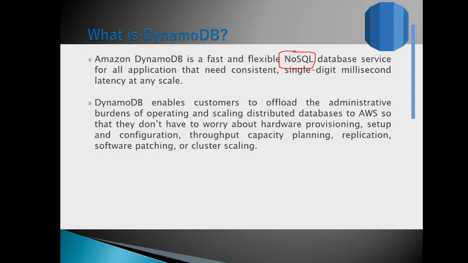DynamoDB enables customers to offload the administrative burden of operating and scaling a distributed database to AWS, so that you don't have to worry about hardware provisioning, setup, configuration, throughput, capacity planning, replication, software patching, cluster scaling and anything.